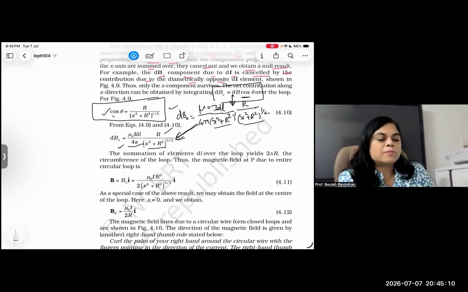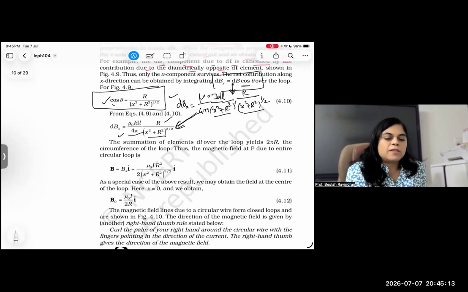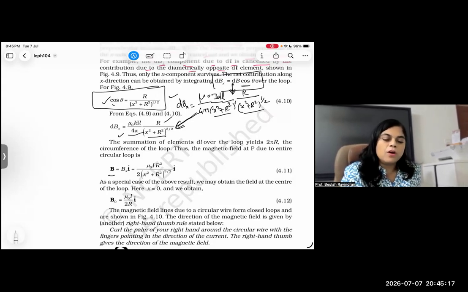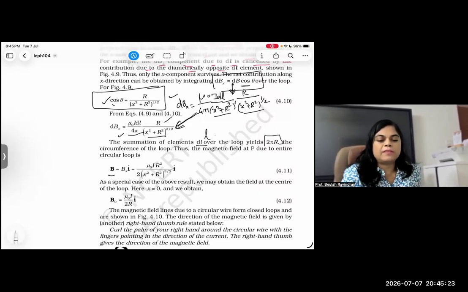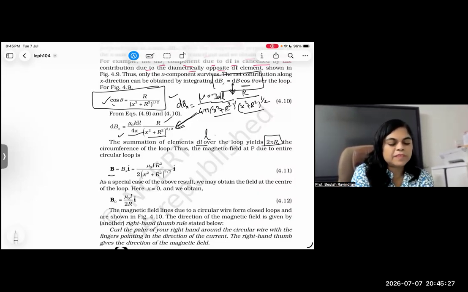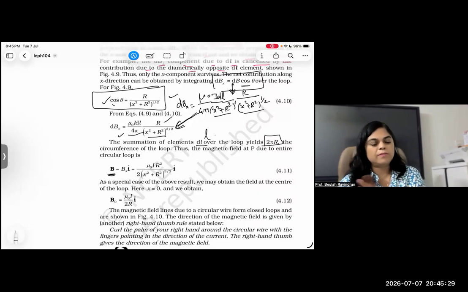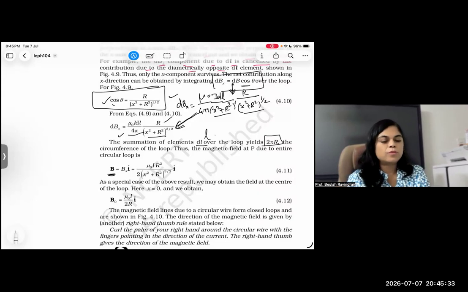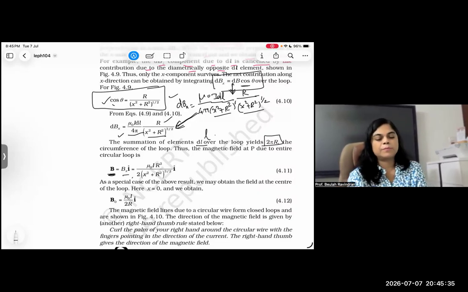Then what is this B? Right now you are able to understand. If you take the summation over all dl, the overall length, that is the circumference, will be 2 pi r. So the magnetic field is B overall, not dB, it will be B. We are taking it along the x-axis only, so Bx i cap it will be.